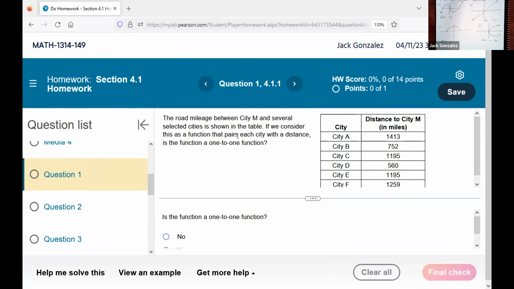A little bit, yeah. So if we consider this chart a function, is it one-to-one? Right. Yes. You see anything repeat? Oh, yeah. So since you have two cities assigned to the same value, it's not one-to-one, right?